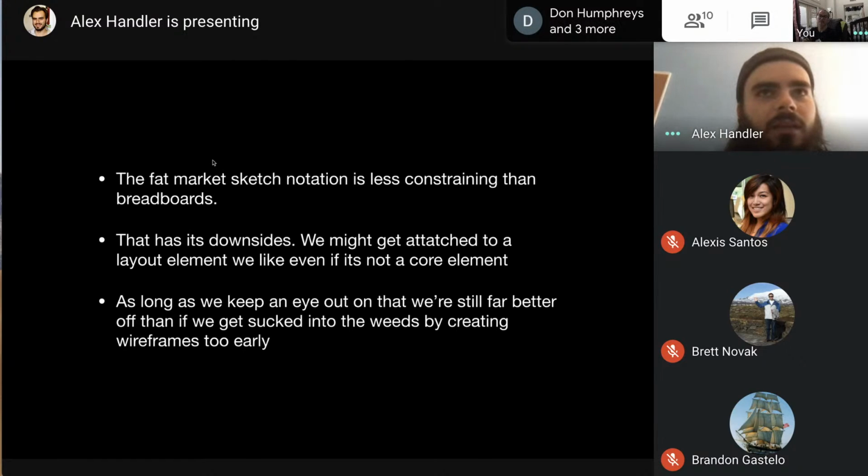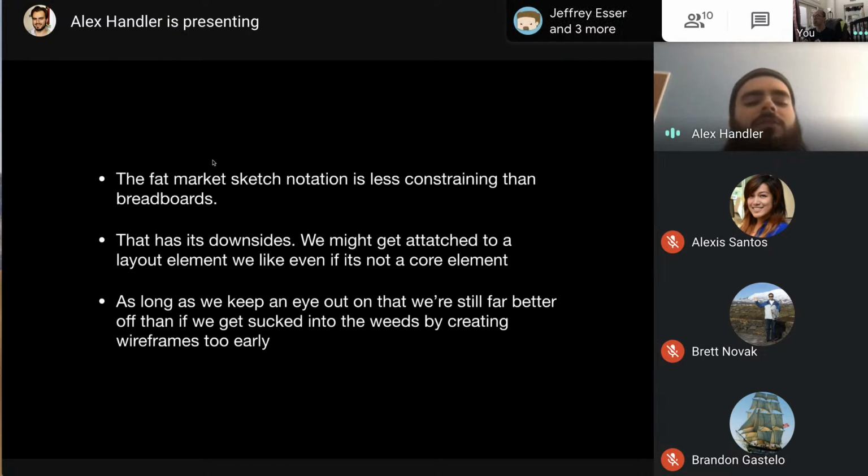In the sense that fat marker sketches are just inherently more visual, right, than just writing text and lines and arrows. So I think the worry is that even though fat marker sketches are so general, you might get attached to something visually and get bogged down in detail.